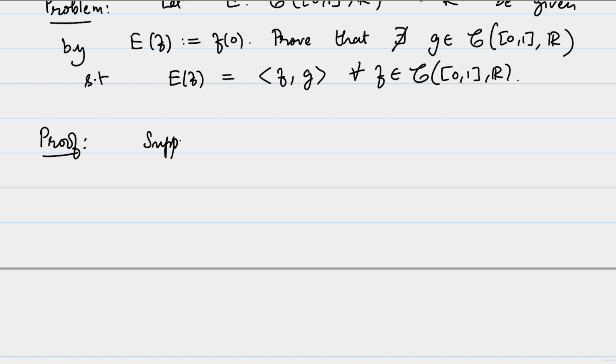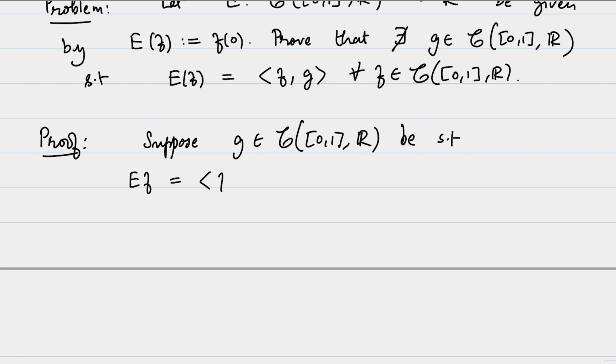Suppose G in C[0,1] is such that E(F) is equal to the inner product of F comma G for all F in C[0,1]. If that is the case, then what we will do is construct certain functions Fn such that we will end up with some kind of a contradiction.